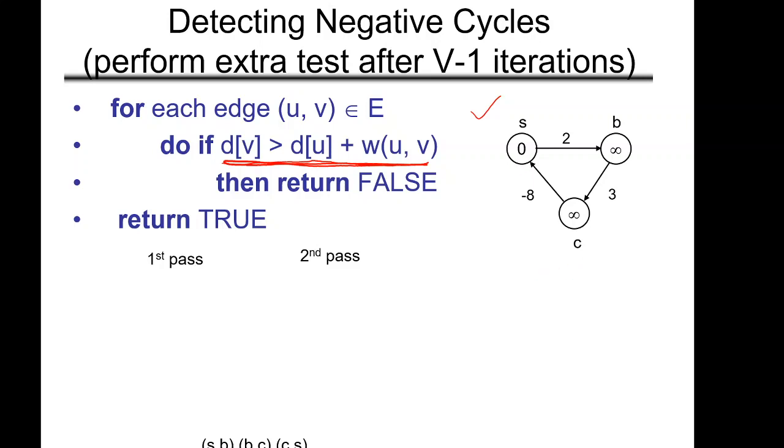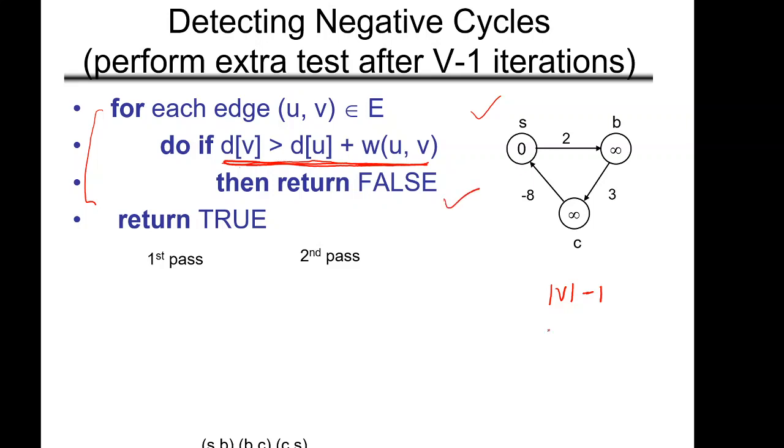Once we run it v minus 1 times, it means that after that each and every node has the shortest weight. After that we will run this loop again, and if we find that at any point there still exists a shorter path, it means this graph has a negative cycle, and we will return false.